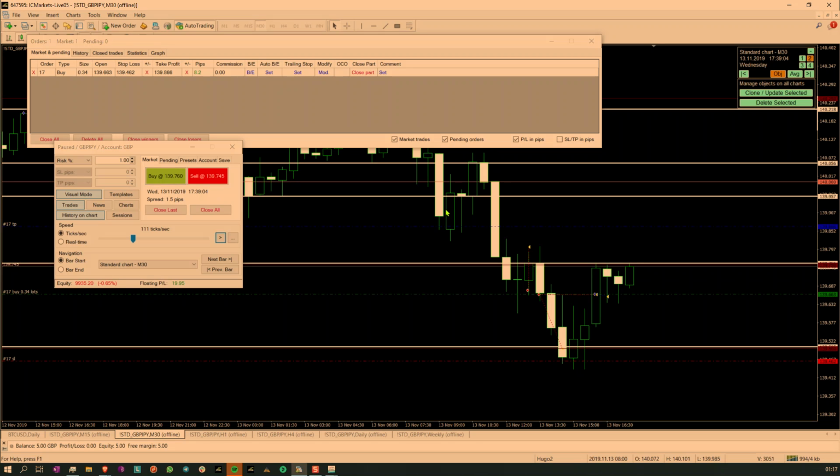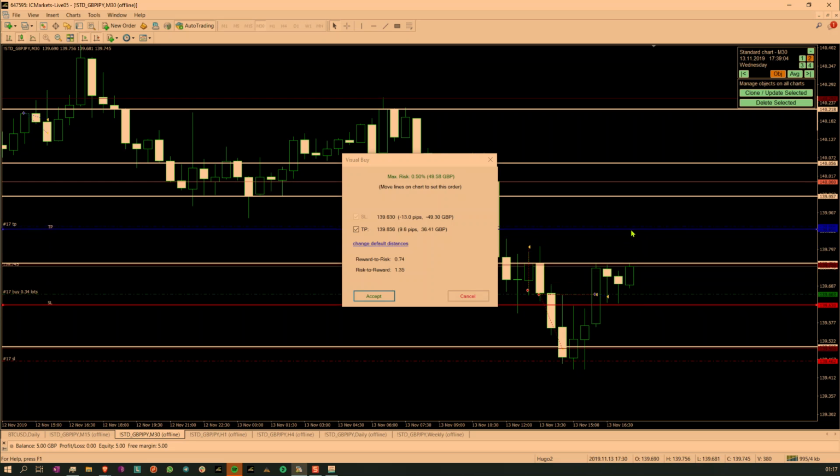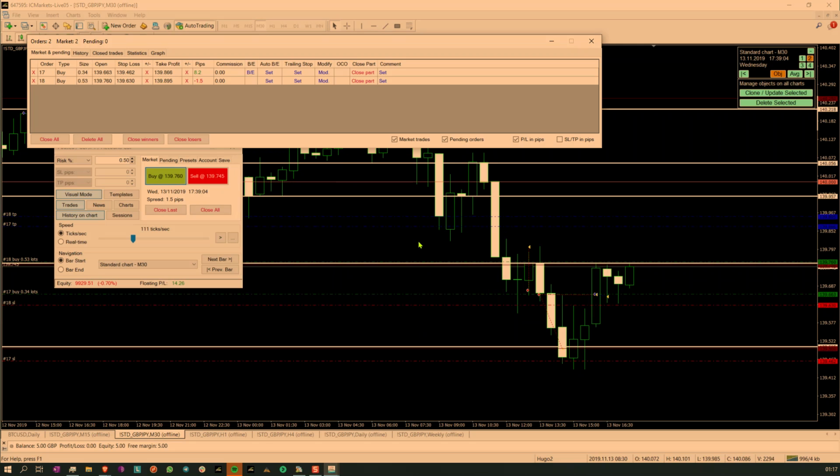Because we broke the high, kind of broke the high of those candles. It's all fixed stuff. Okay, so I'm going to do 0.5. So 13. 13. Shit. Let's go.